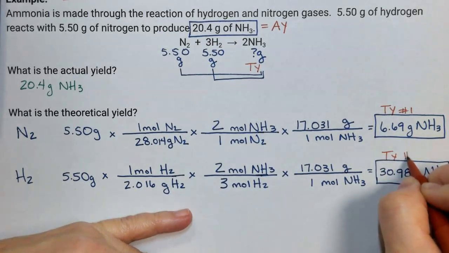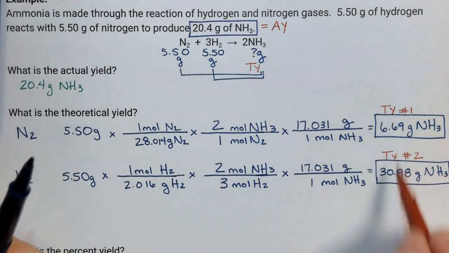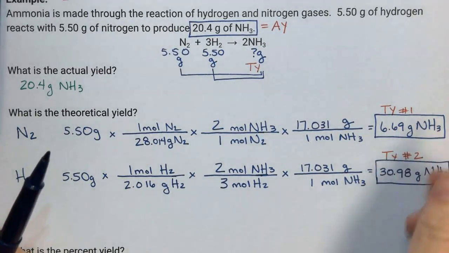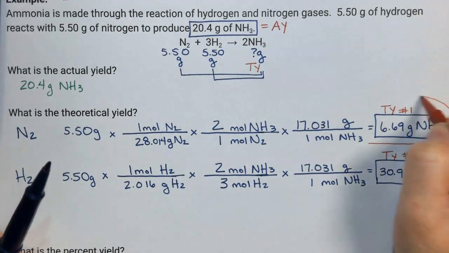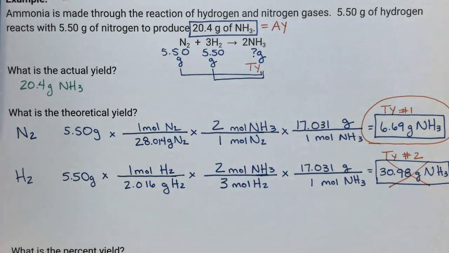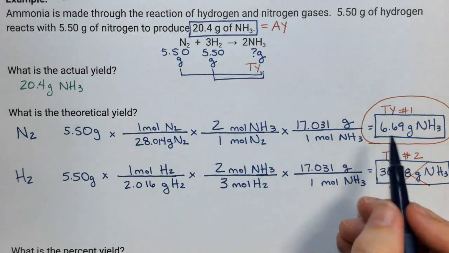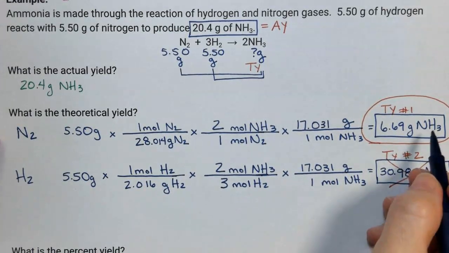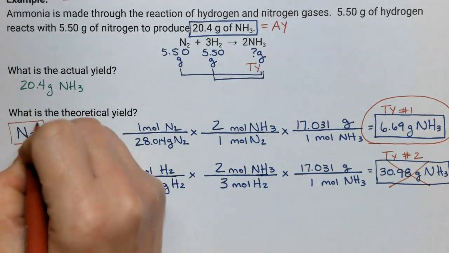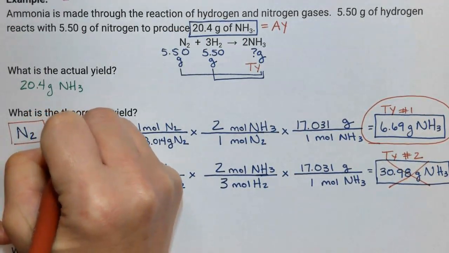So theoretical yield number 2. We compare the two theoretical yields, and the smaller one is going to be the real theoretical yield. The larger one is nothing. So our theoretical yield of ammonia is going to be 6.69. And what we used to get that theoretical yield is going to be our limiting reactant.